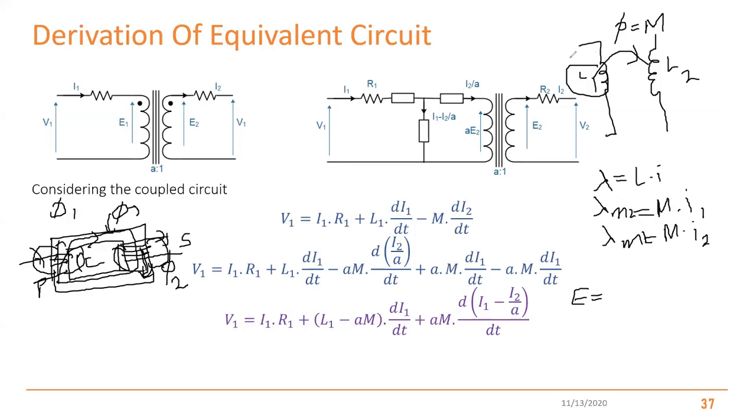the induced EMF as L1 times dI1/dt. That is the induced EMF in the primary due to its leakage flux, that is, due to its self-coupling of fluxes.